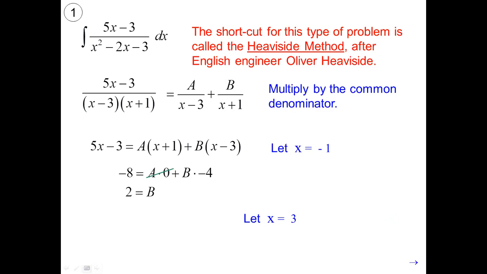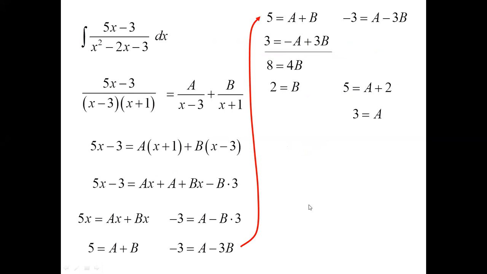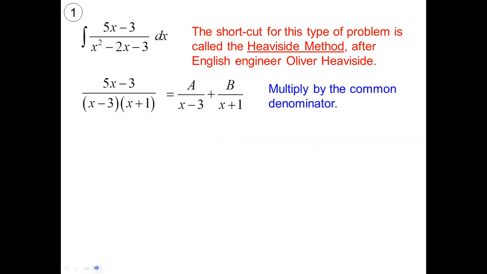If you let x equal to 3, this would be the one that would be 0. This would be 4a, and this would be 15 minus 3, that would be 12. 12 divided by 4, that will be a 3. So the same answer as the previous. So with these 2 for b and 3 for a, go back to the previous one and you will still process the same integral afterwards.